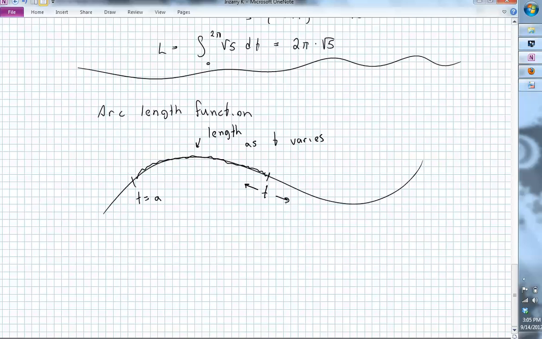And what I want to understand is how does L depend on t? So I have a fixed starting point and a variable endpoint. Does everybody understand that? Easy enough to build.